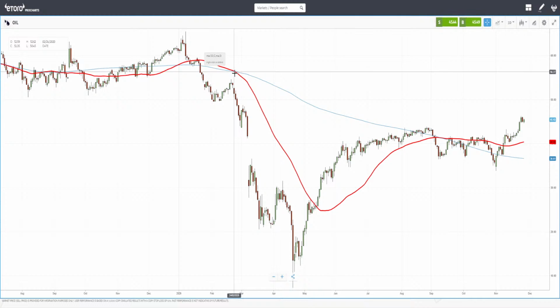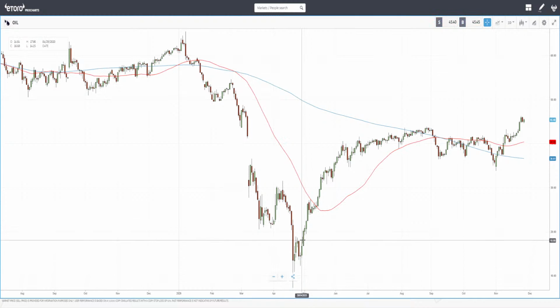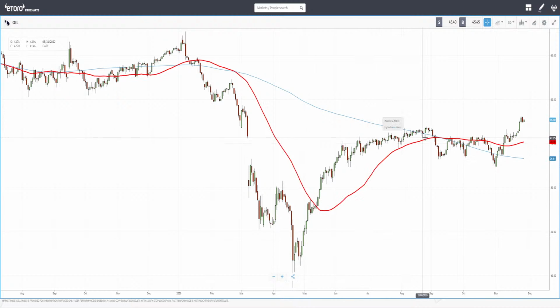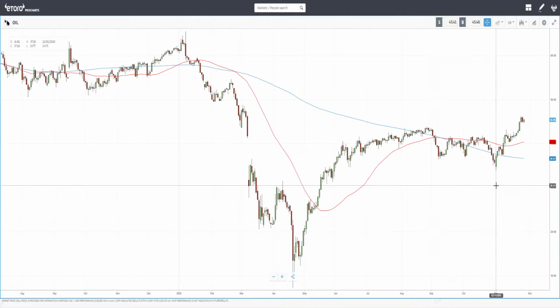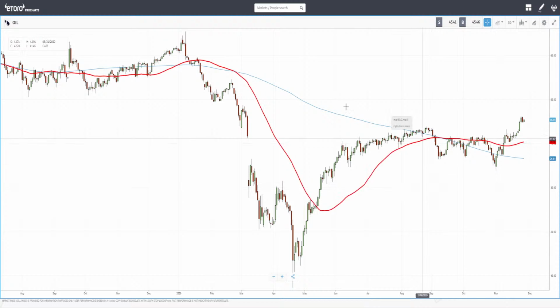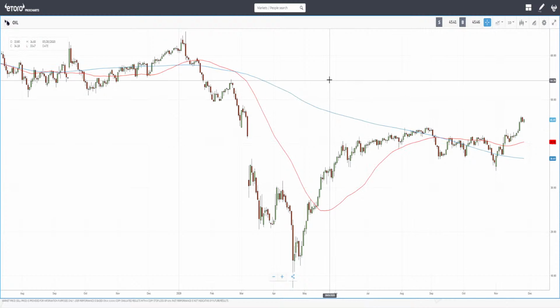So you see that we have a crossing here and we just fall off a cliff. Then when prices increase again, we have another crossing here, and prices again fall off a cliff. The next time we have another crossing, I don't know when that is going to be. Sometimes it's only a matter of weeks, sometimes it's a matter of months.